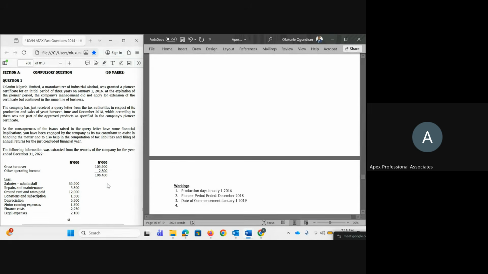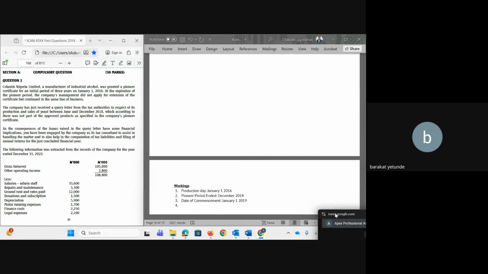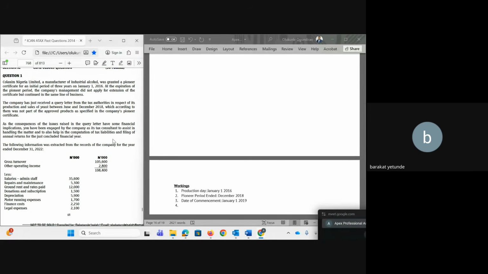Then let's go ahead. Can somebody please read this so that we can move on? Polanim Nigeria Limited, a manufacturer of industrial alcohol, was granted a pioneer certificate for an initial period of 3 years on January 1st, 2016.